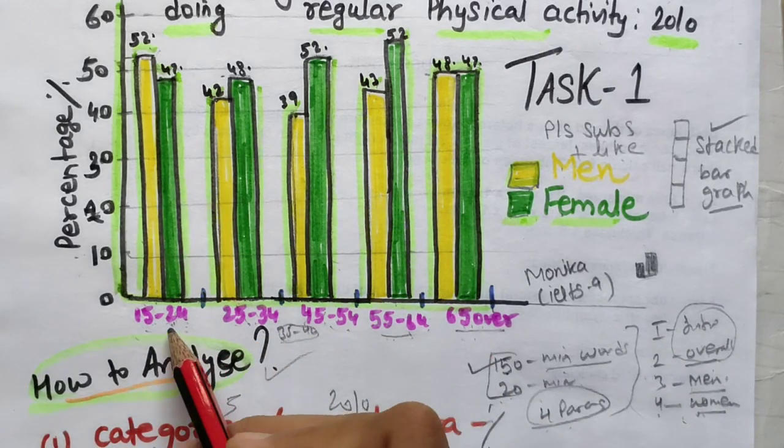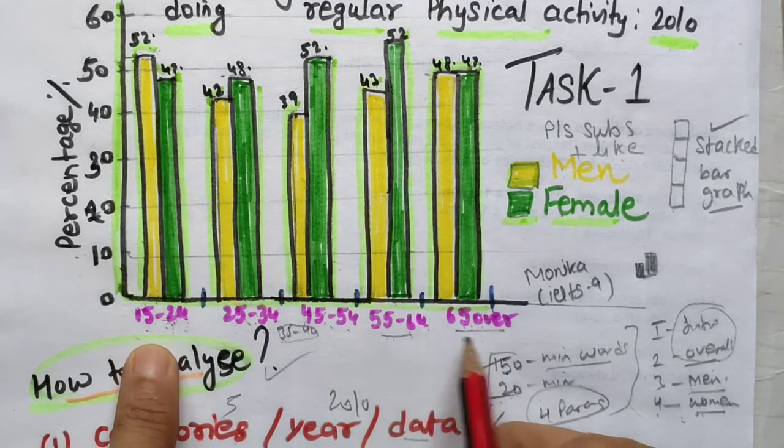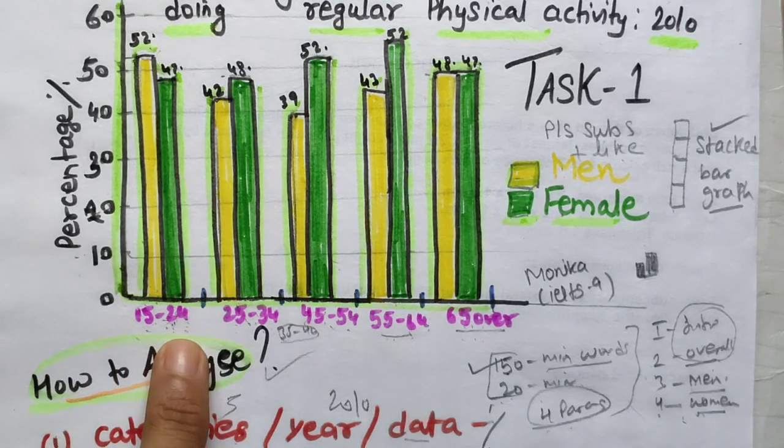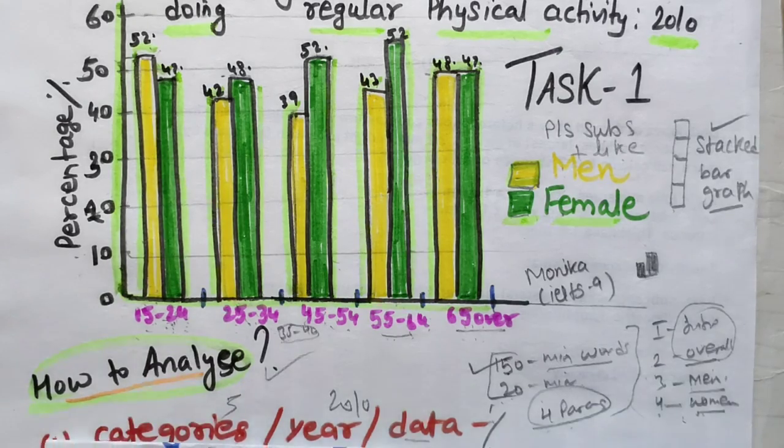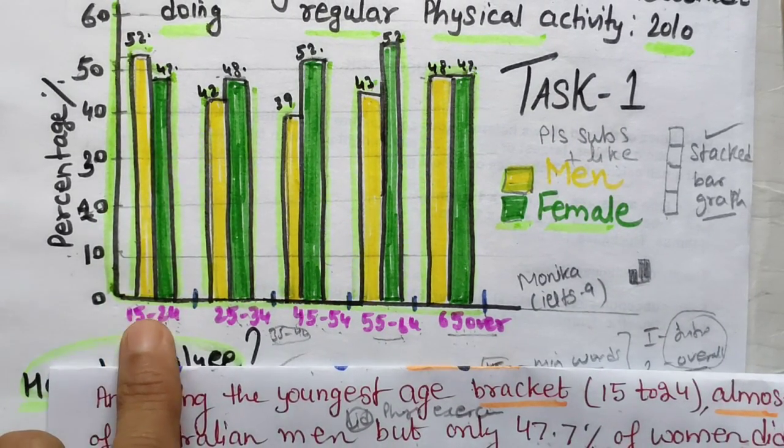I have written this writing task 1 according to age group, and I will show it to you. First I will just talk about the youngest age group.